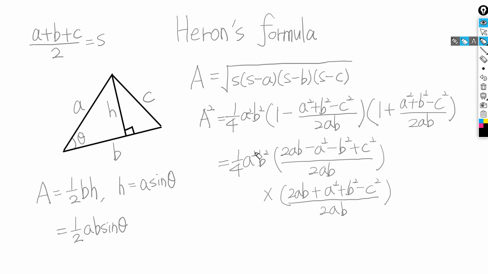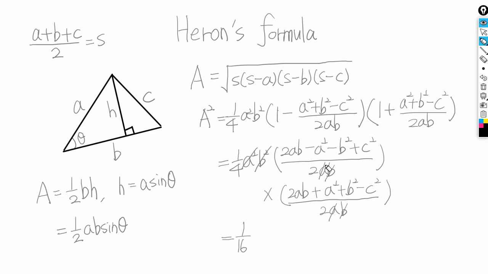And we can cancel a squared and b squared. And we can multiply numbers in the denominator. So the denominator becomes 16.